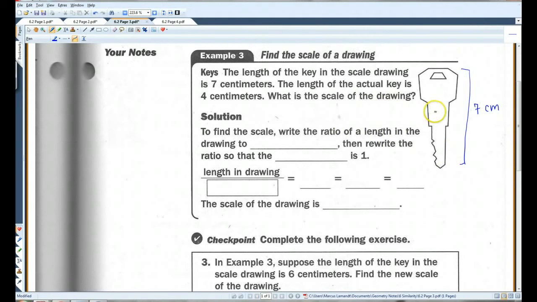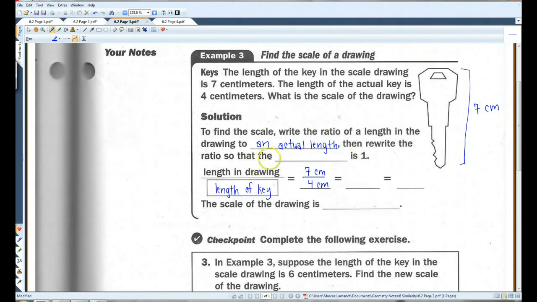Okay, so if this whole thing is 7, the length of the key is 4, we're going to have a ratio of 7 centimeters to 4 centimeters. And I realize I skipped these 2 blanks. To find the scale, write the ratio of the length in the drawing to an actual length, which is what I just did.